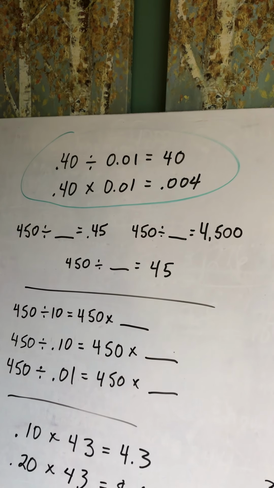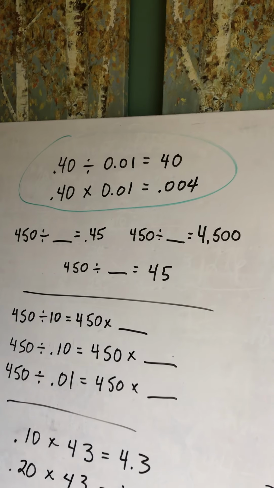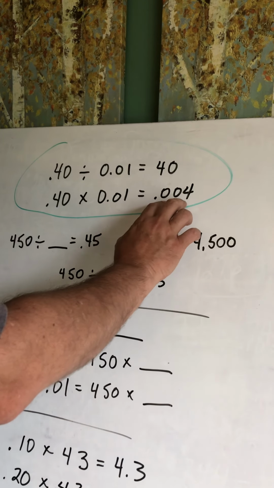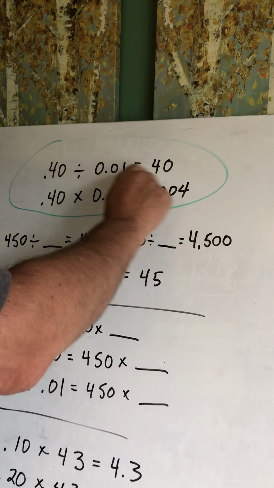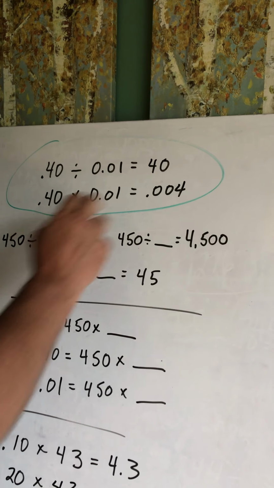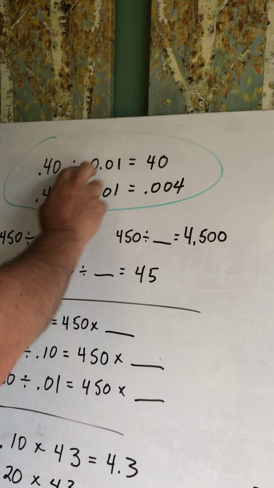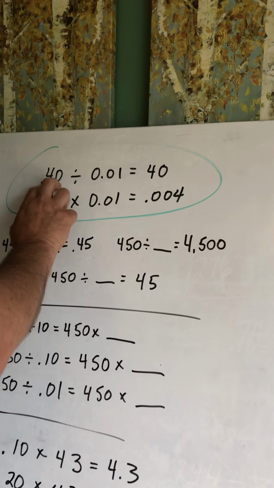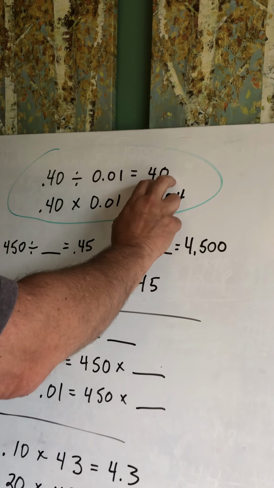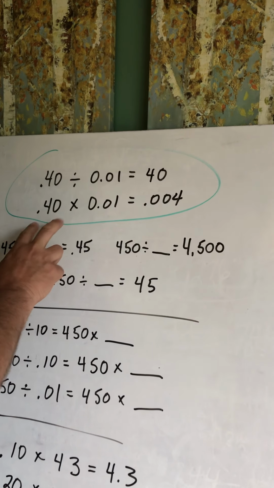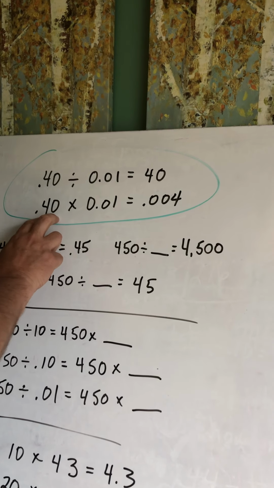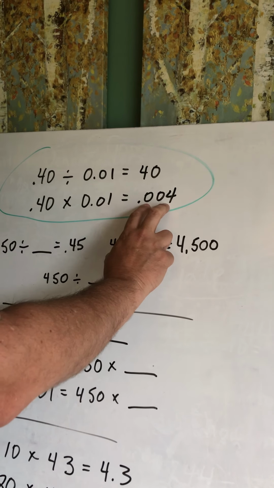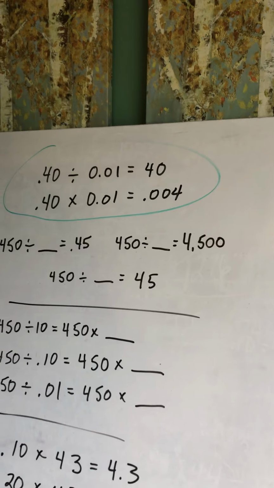When you're multiplying by a number under 1, rather than getting bigger, it gets much smaller. So when you're dividing, your dividend ends up as the quotient being bigger. And here, your dividend, when you're multiplying by a number under 1, actually gets quite smaller, okay?